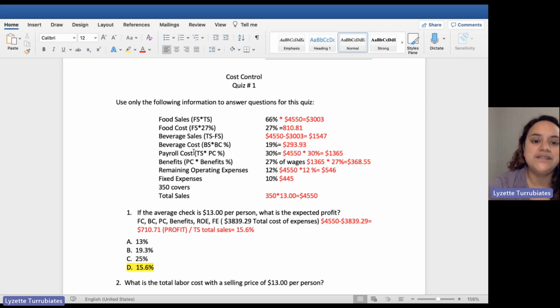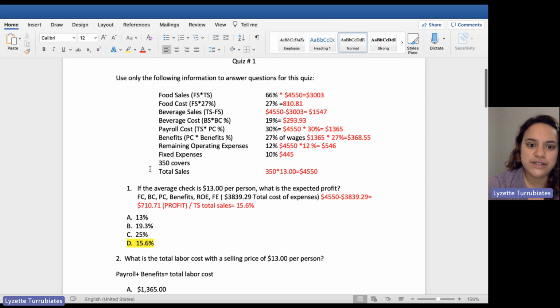So essentially, you just need to understand how to change all these percentages into a dollar amount, and how to figure out your beverage sales because that's hidden. You don't always have that. How to figure out the benefits. Again, benefits are just going to be multiplied by your payroll costs, and that's how you're going to get the percentage. And you need to figure out total sales, which are going to come from the 350 covers multiplied by the average check or how much it was per person.